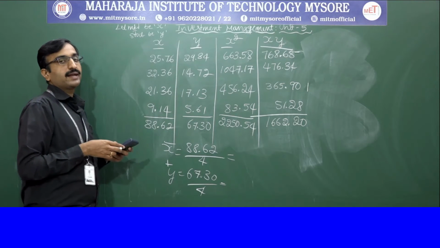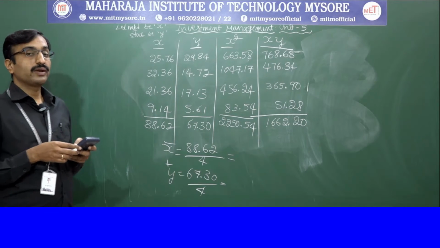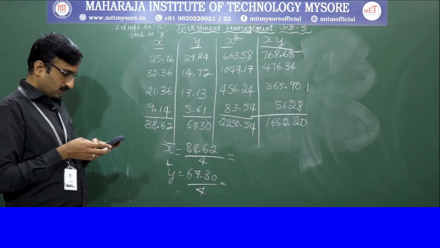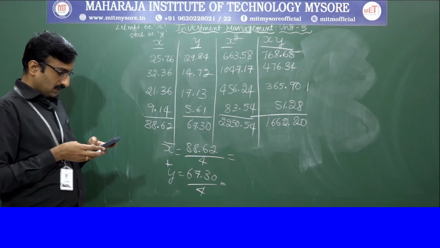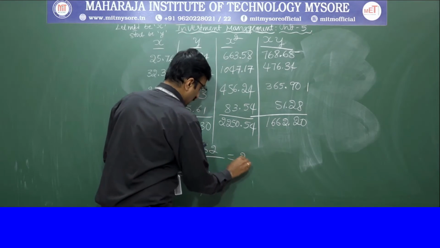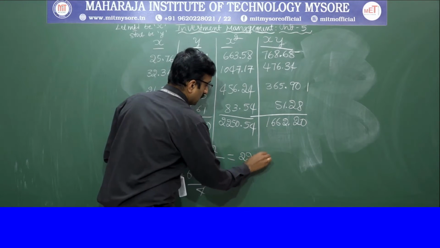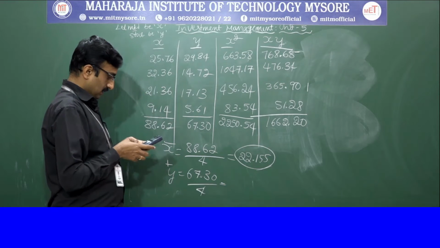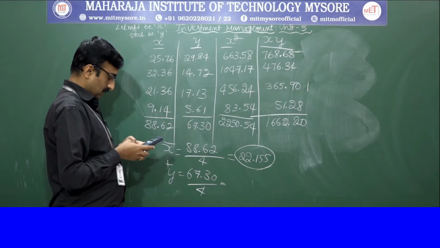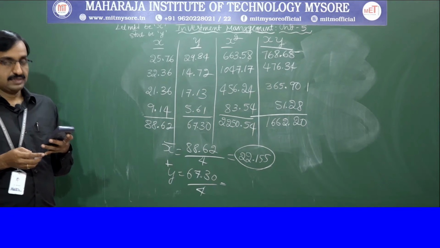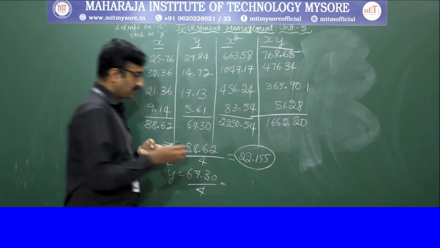So X bar you will get 22.155. And Y bar you will get 16.825.